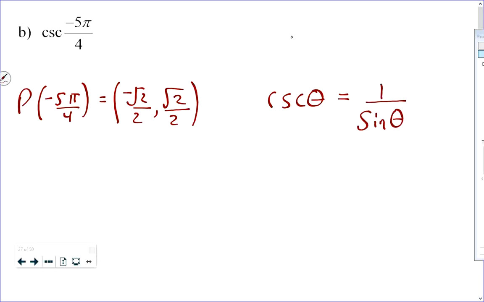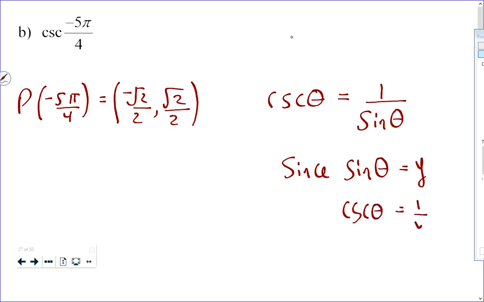And there's two ways now to finish this problem. Let me show them both to you, because you're going to have to decide which one is suited to your needs. One of the ways, and I prefer this personally, is to say in your head that since sine of theta on the unit circle is y, cosecant of theta is the reciprocal of y.